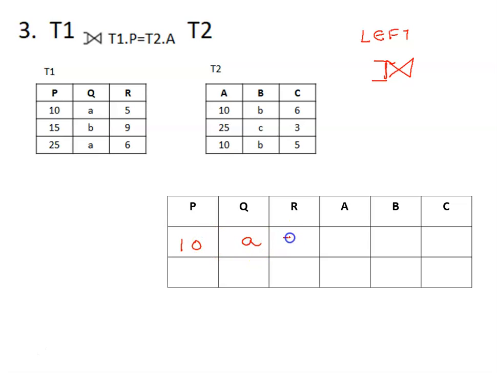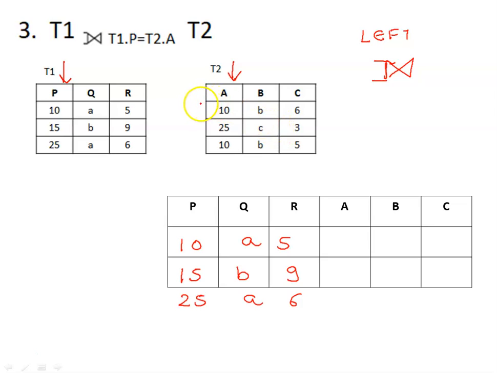that is 10 A 5, 15 B 9, 25 A 6. The join attribute is P and the join attribute over here is A. Now in this case, is there a match of this tuple with the second relation?